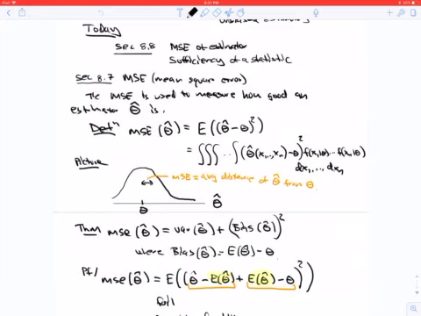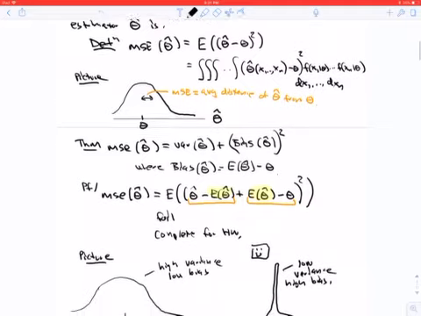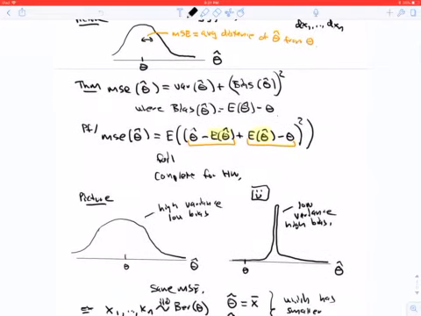So MSE is an important measure for how good an estimator is, and it's defined as the expectation of the difference of the estimator and the true parameter squared. It's essentially the average distance between the estimator and the true parameter.